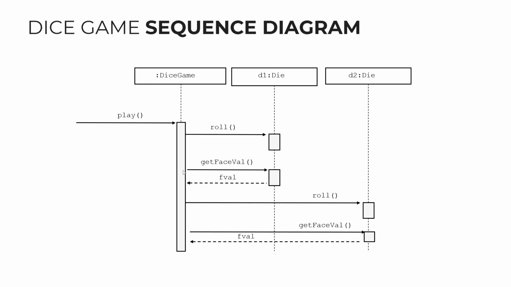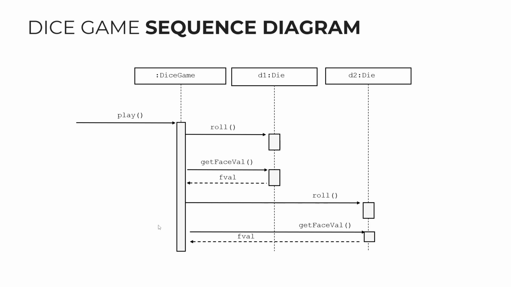Then the dice game requests the face value, which is the result of the rolling. And then D1 returns the face value back to the dice game. Once the dice game gets the face value of the first die, it sends the same roll message to the D2 die, and then gets the face value. D2 sends the face value back to the dice game.